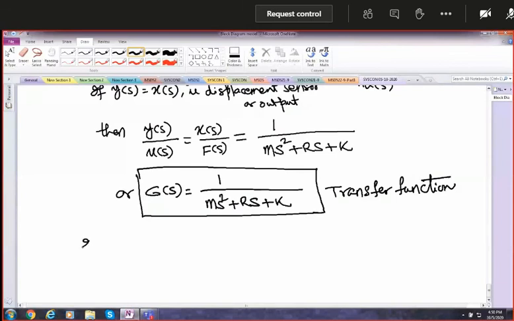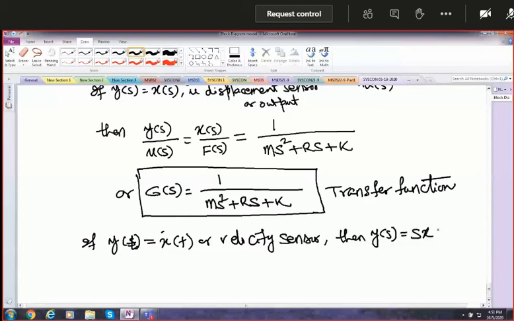And if y t is equal to x dot t, or velocity sensor, then Y(s) is equal to s X(s). Of course, initial conditions are taken 0. So then Y(s) by F(s) will turn out to be s times this D(s).